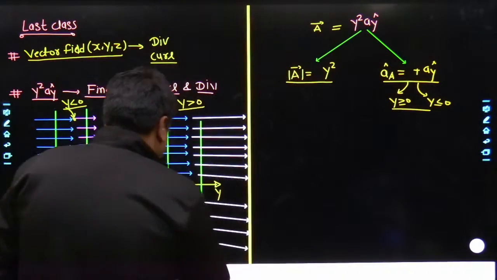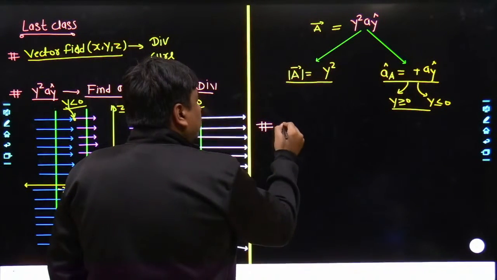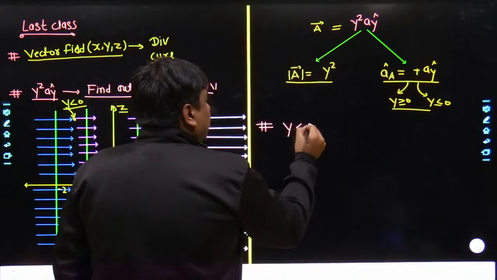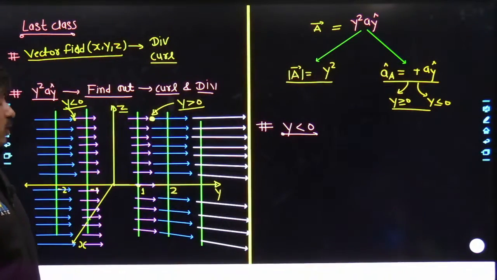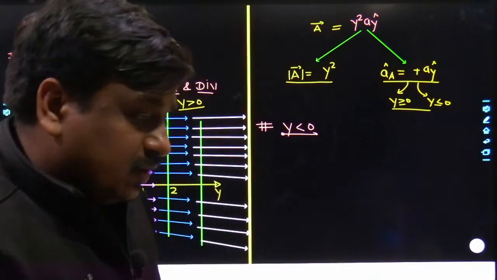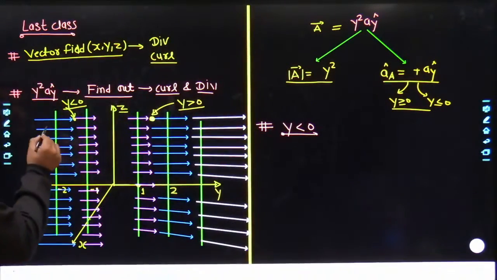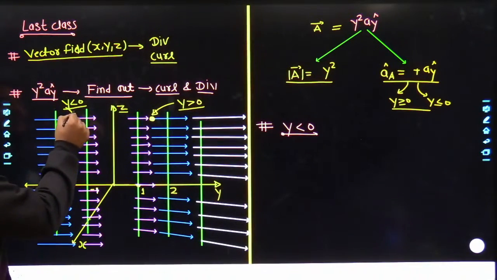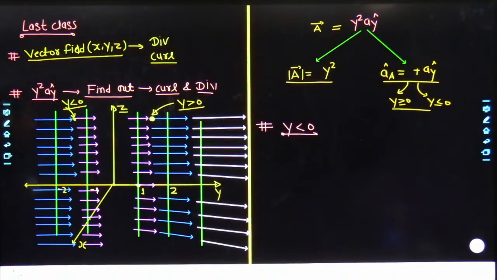While you visualize this problem, you will get to know, when we analyze the field when y is lesser than 0, you can see very well. Sourced, yes, the answers have started coming. See what is happening over here. You can see very well here towards the region y lesser than 0, the higher magnitude is going inside this point and the lesser magnitude is leaving from this point.